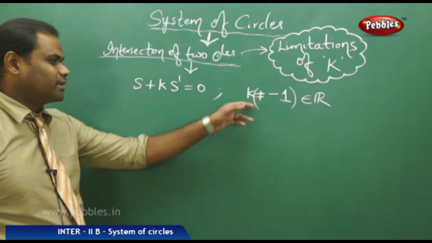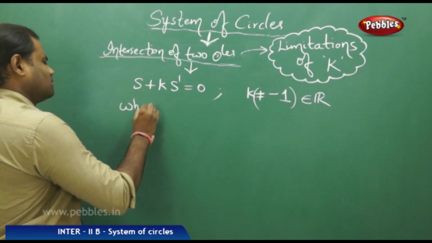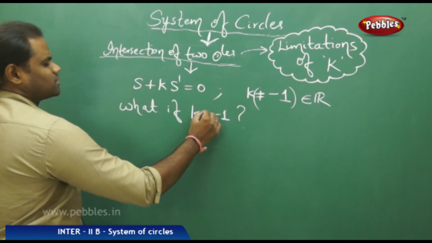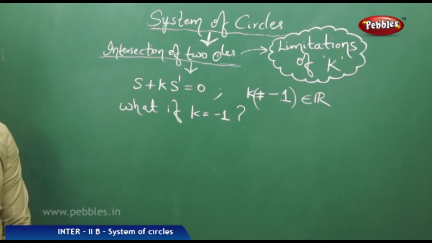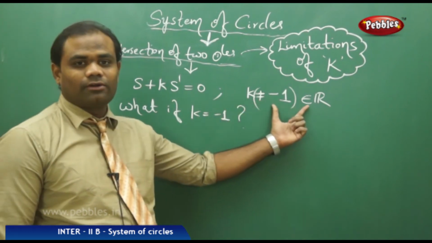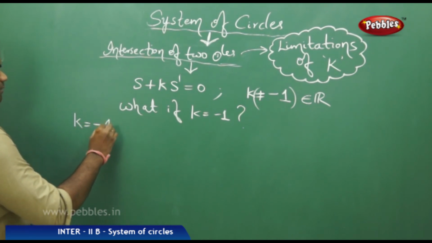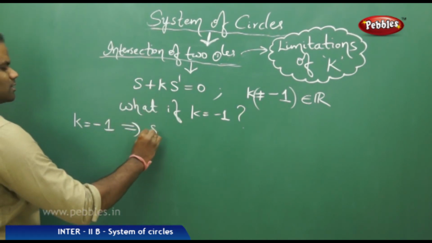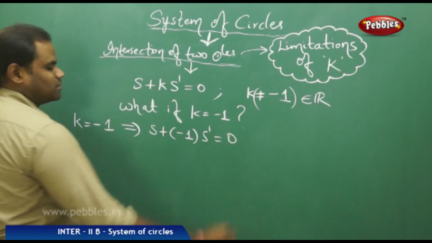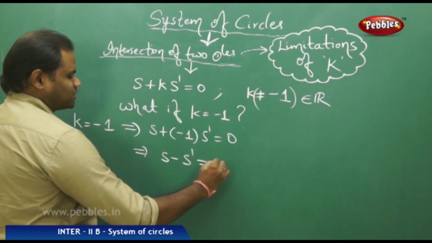So what could be the reason that k is not equal to minus 1? What if k is equal to minus 1? To investigate why k should not be equal to minus 1, let's assume the contrary, that k equals minus 1. Then S plus kS dash becomes S minus S dash equal to 0.